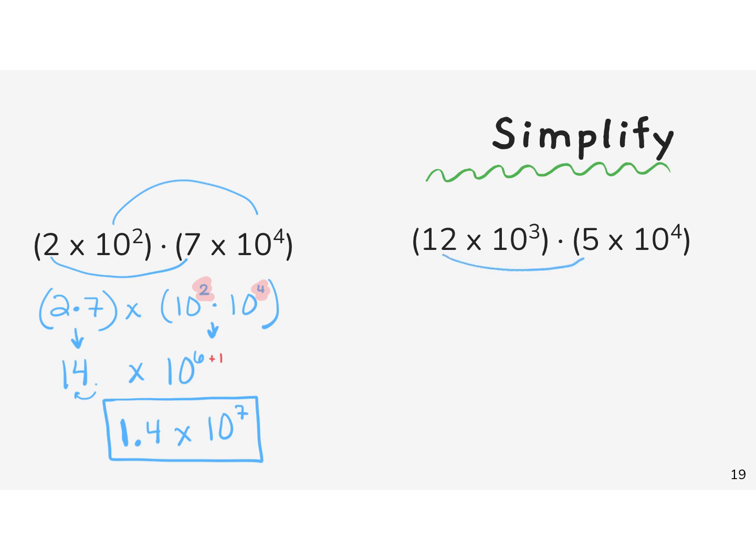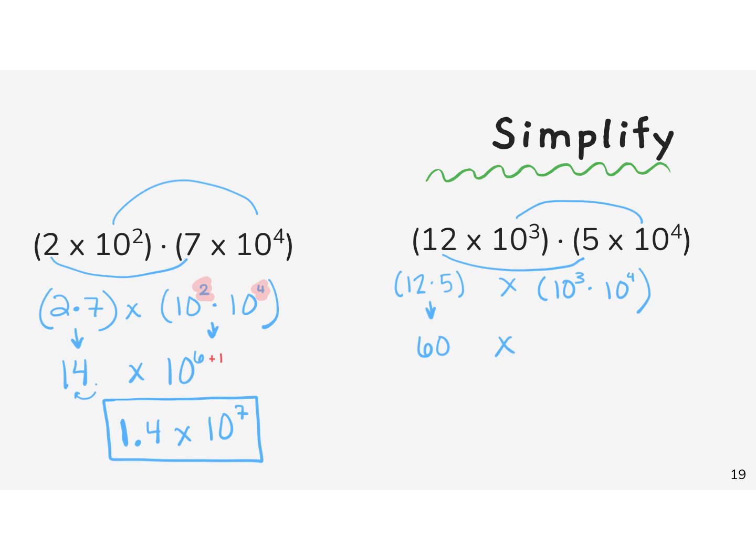Our first problem is 12 times 5 times. Our second problem is base 10 to the power of 3 times base 10 to the power of 4. Okay, so we're going to do this one first. 12 times 5 is 60. You already know what we're going to have to do. With multiplication, you normally end up having to move the decimal.